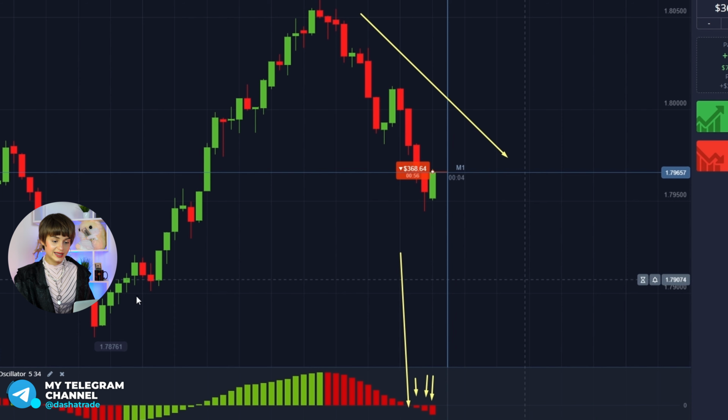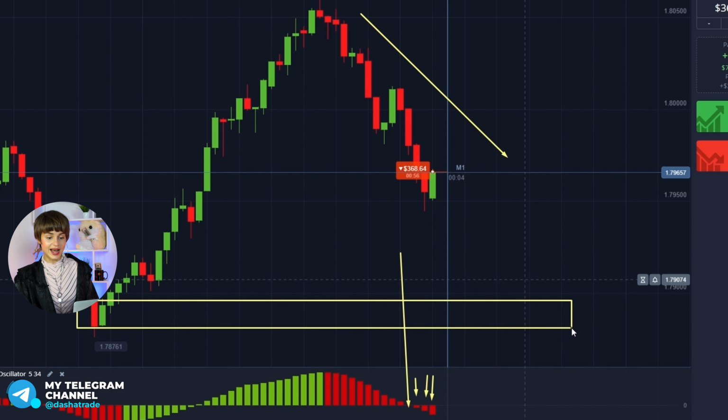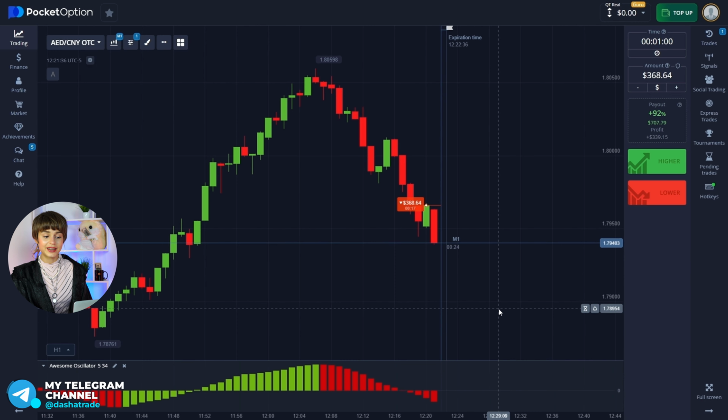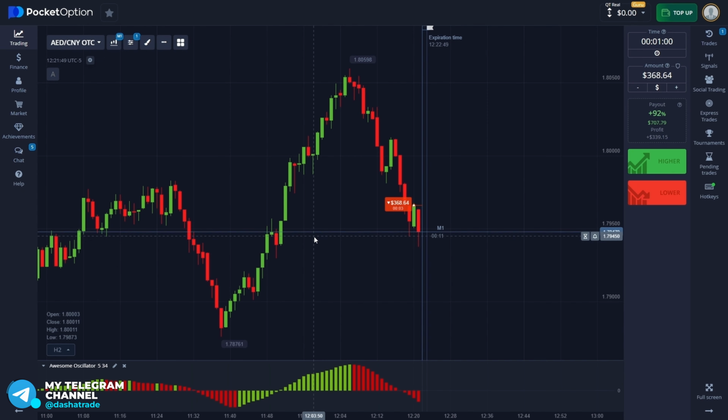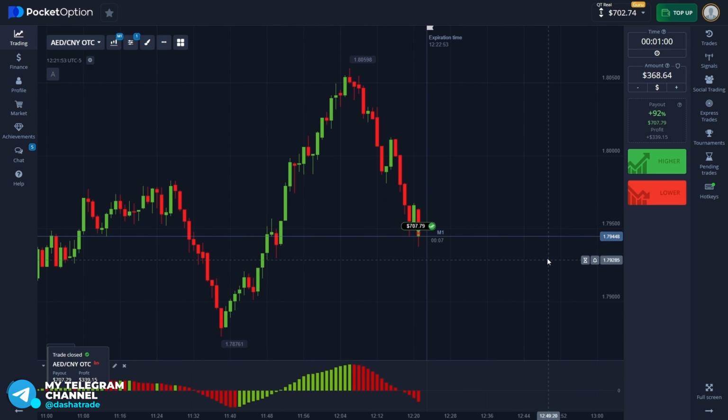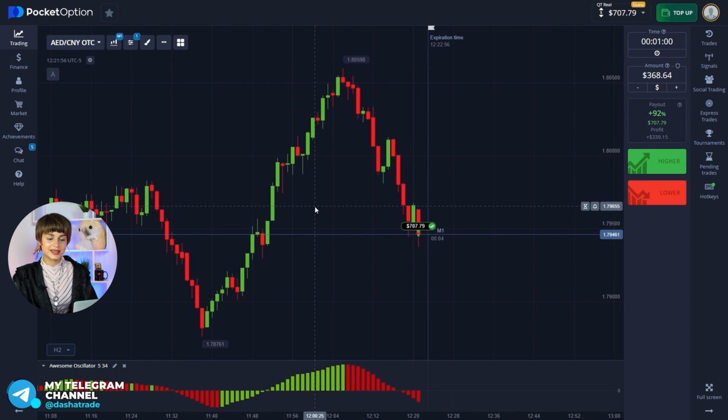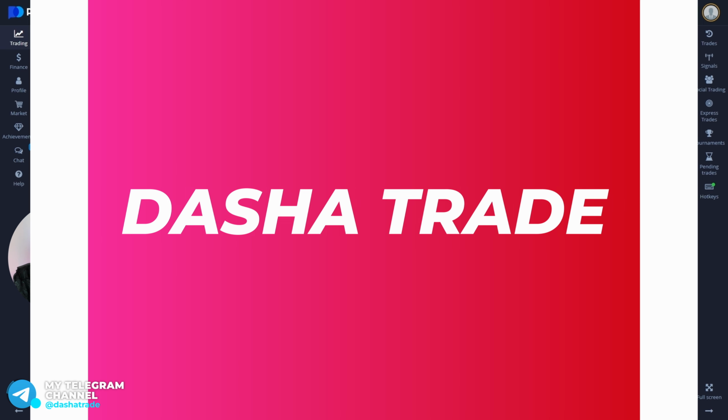Besides that, I see a support level located at the bottom that the price will likely tend to reach. And I also see some great candles in favor of the seller, which are confirmation for my entry point. And have a look at this awesome movement happening right in front of us. Wow, this deal will likely be closed in a profit. As I've already said, the deal is closed in a profit. We go on.